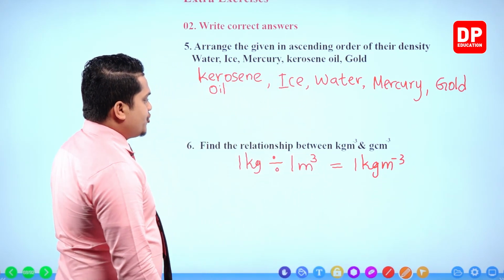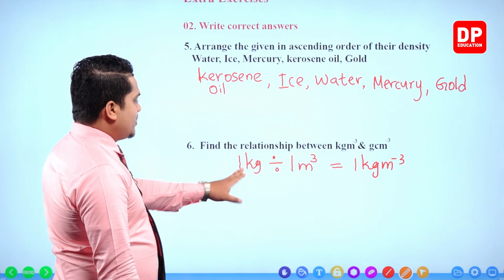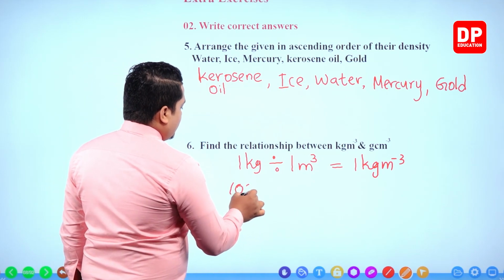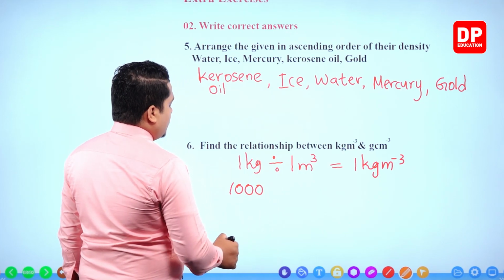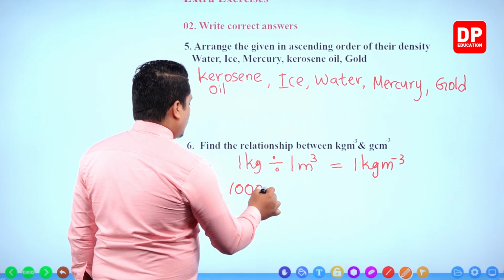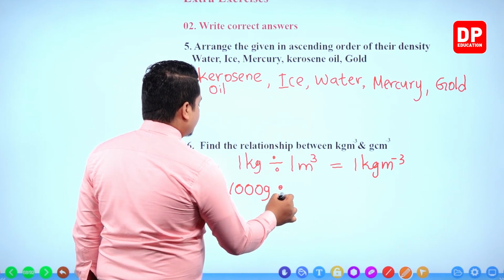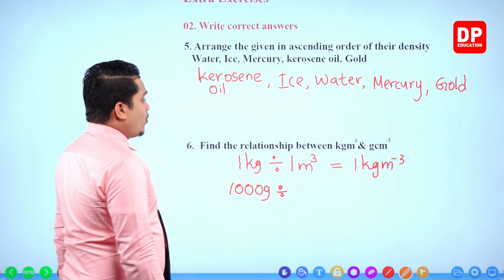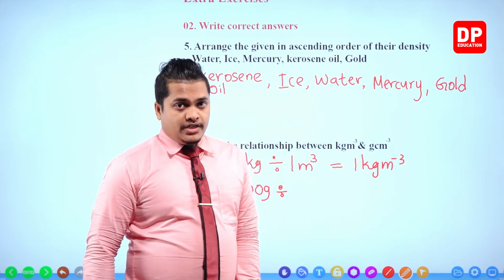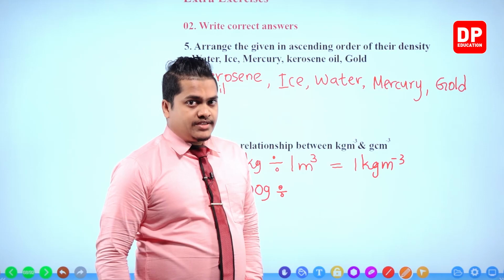Now I am going to convert this kilogram into grams. You know that 1 kilogram is equal to 1000 grams. Now we need to convert 1 cubic meter into cubic centimeters. Let's convert.